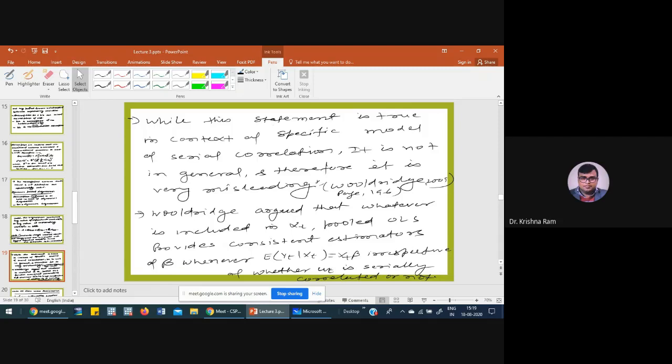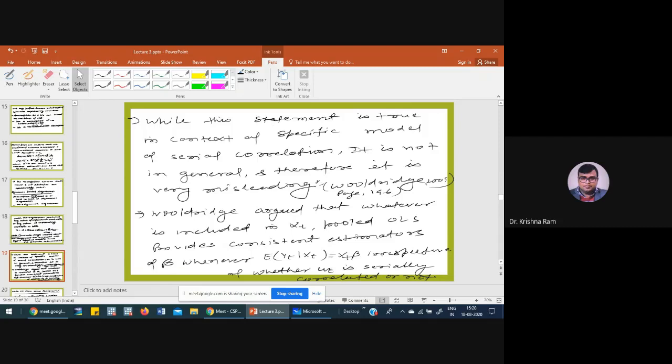And Wooldridge argued here that if the expected value of yt given xt equals xt beta, then irrespective of whether ut is serially correlated or not, in general we will get consistent estimates of the parameters.